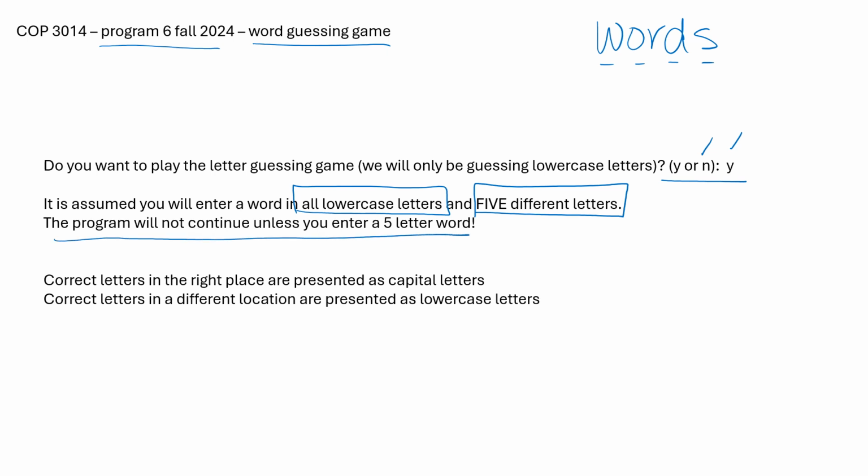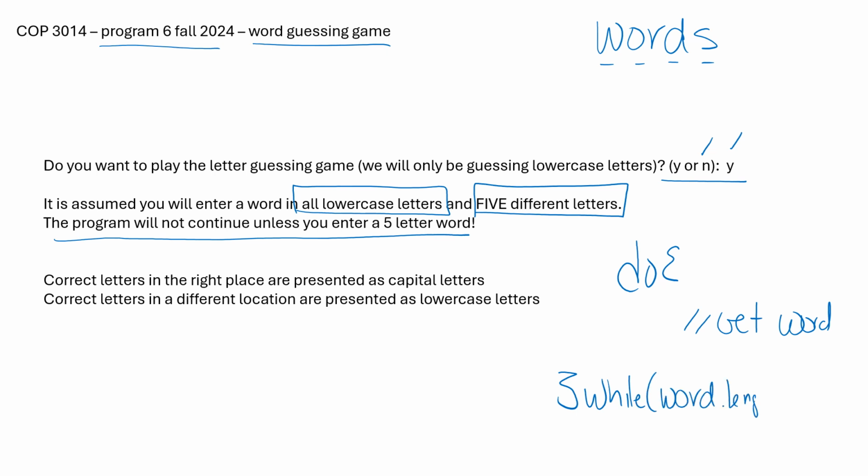All right. You do need to make sure that the user enters a 5-letter word. So if the user enters a word that has more than 5 letters, you can use a do while. Do you get the word, and while word dot length does not equal 5. So you're going to have to continue to get words from the user, and if the word is not 5 letters, it's going to mess up things and make things not run smoothly.